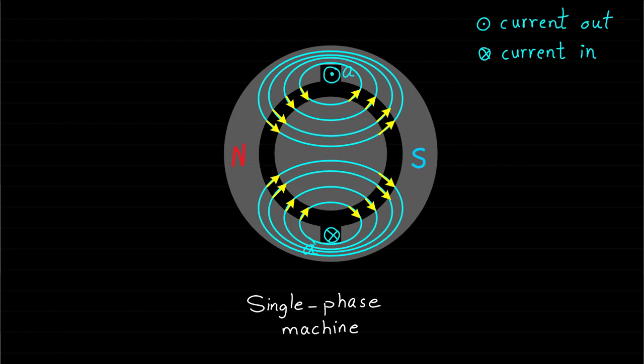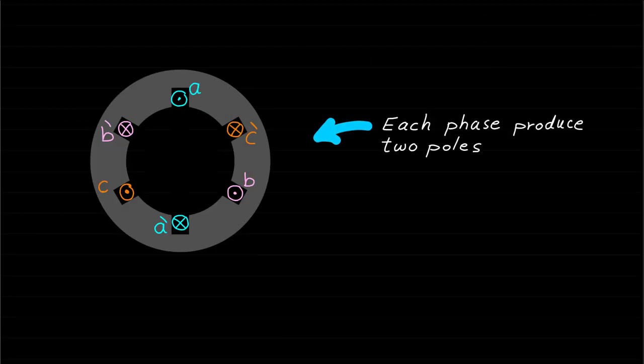Note that if we excite phase A with AC current, these two poles will alternate between south and north poles. At this point, we should know that in case of this three-phase stator, each phase will produce two poles when it is excited.